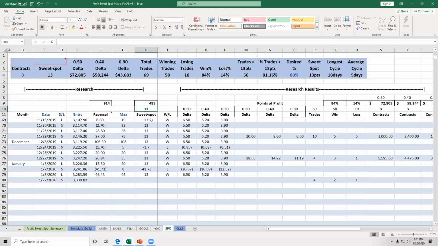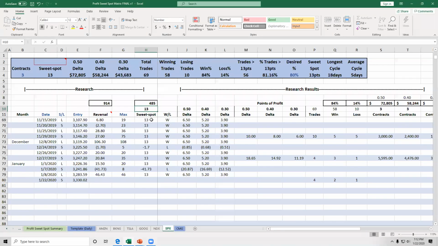Let's say it was a 40 delta. I can look at the sweet spot, anticipated move of 13 points, times a 40 delta. I know that my anticipated profit target is $5.20. So then I just have to take the cost of my option, add $5.20 to it, place a good till canceled order to close the position, and then I'm done for the day. I'm done for the day with that position. There's no other action I need to take.